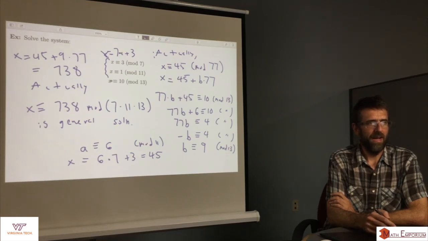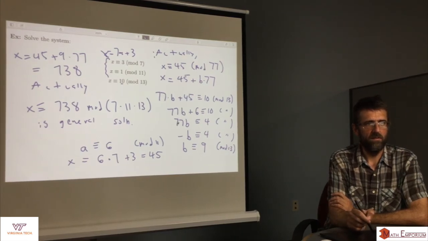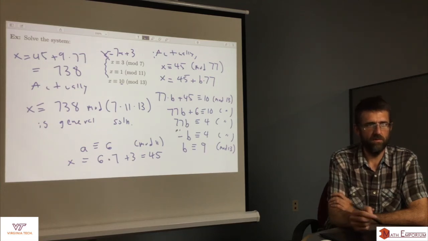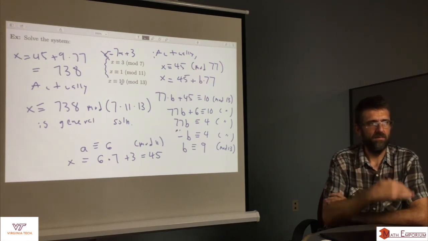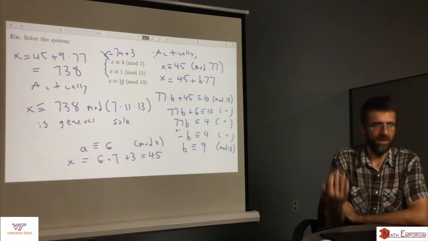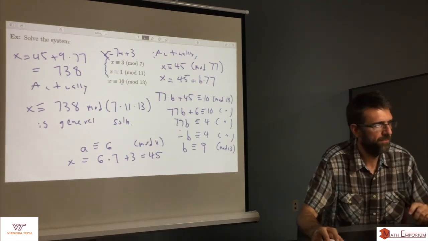And then when I got to this congruence, I needed to be able to invert 77 mod 13. It worked out to be -1, but -1 is invertible mod 13. So the key here is that the individual moduli are invertible mod the other moduli.